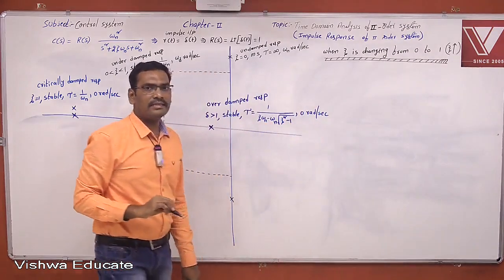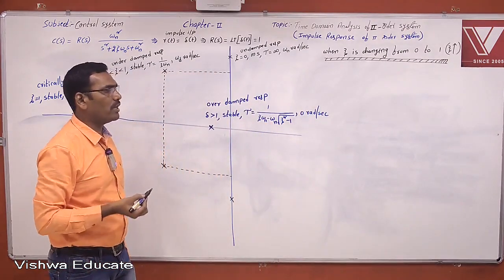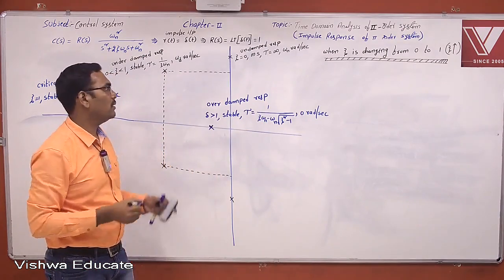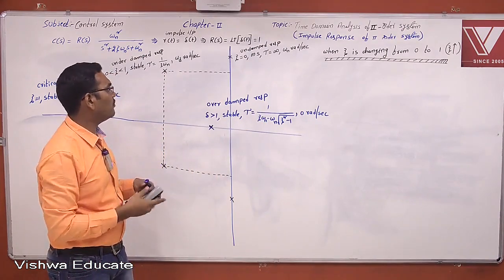When damping factor zeta is changing from 0 to 1, what should be the changes you observe?